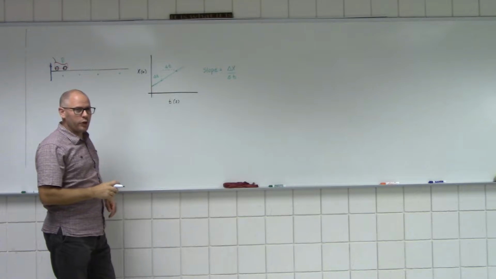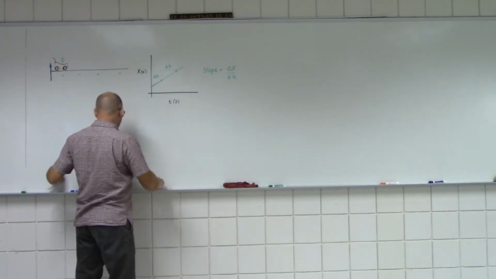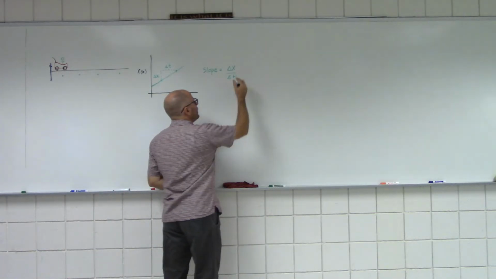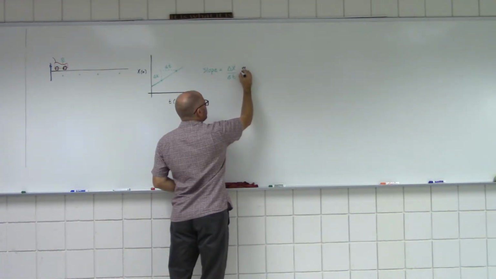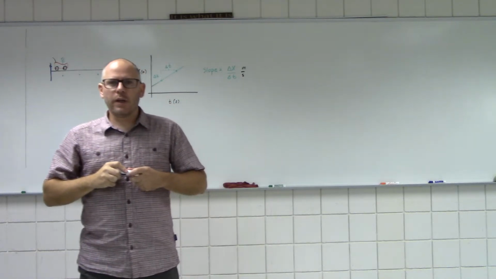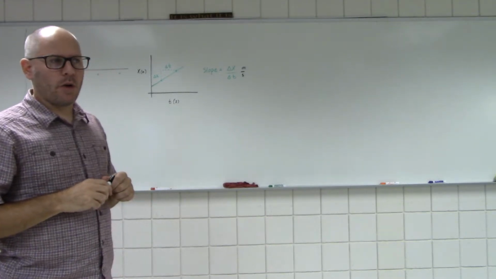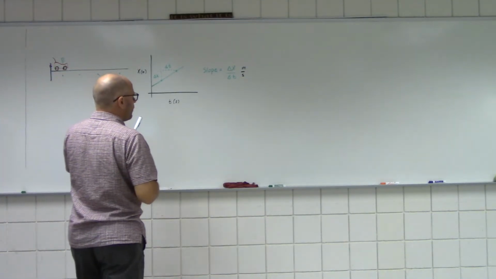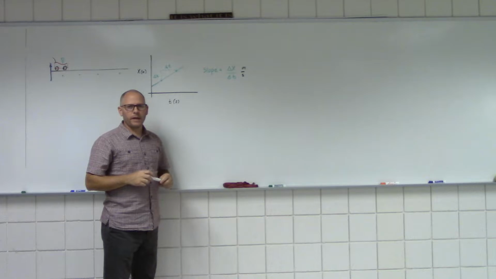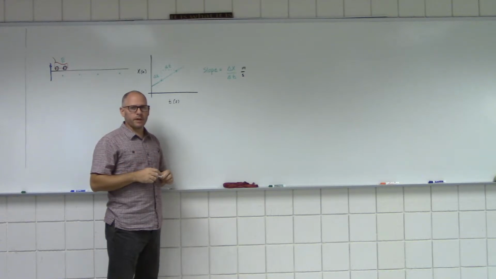If we do a little bit of unit analysis on this, we'll notice that the units here are meters, the units down here are seconds, and that meters per second unit is analogous to the miles per hour unit. So in this case, the slope is the speed. Now, that's a general statement that the slope is the speed. We need to be a little bit more specific.